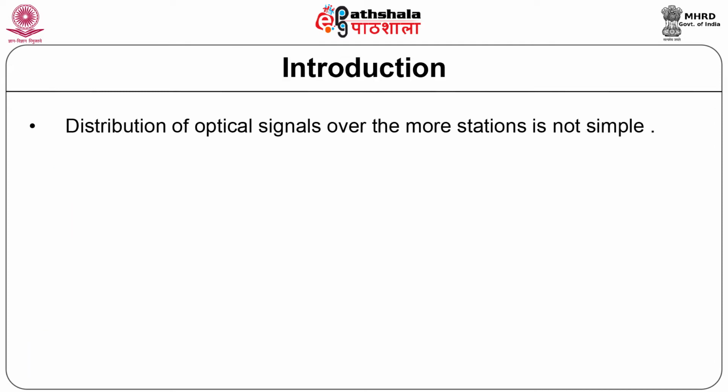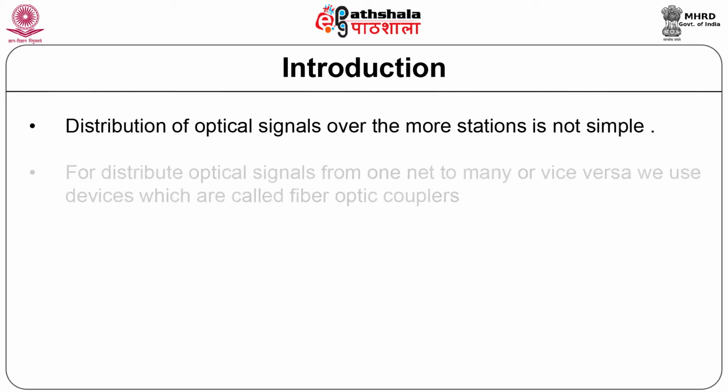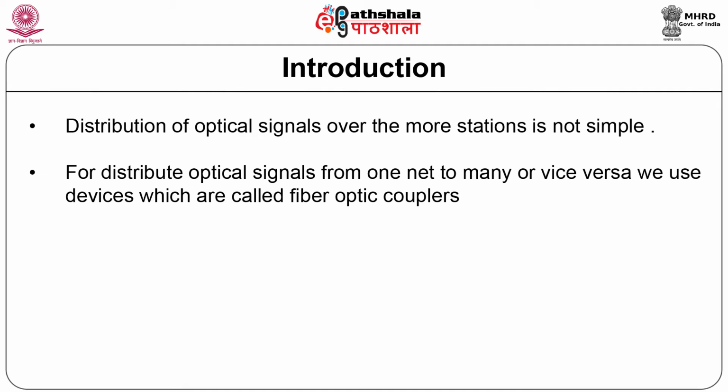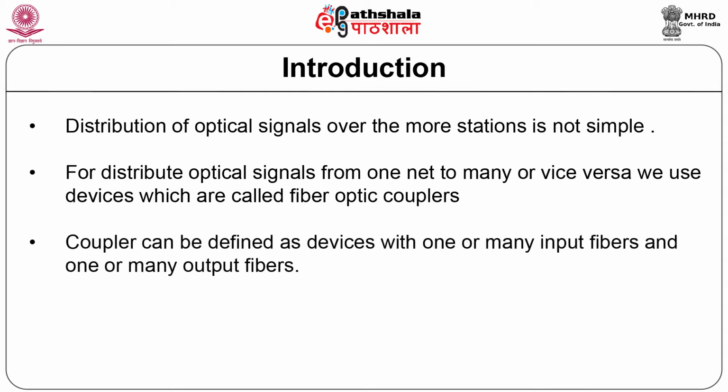As we know, the distribution of optical signal over more stations is not very simple. Distributing this optical signal from one network to another or many networks, and combining these optical signals towards one network, is very difficult, and the job is done by devices called fiber optic couplers.